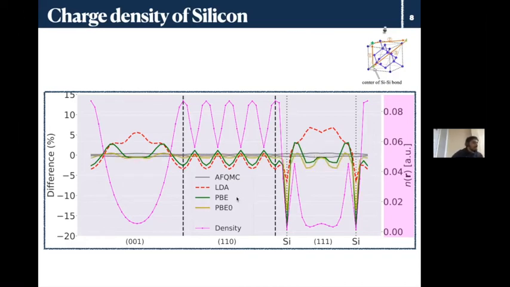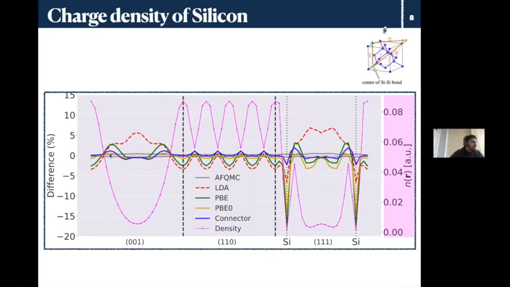By adding PBE0, it's a very accurate description of the target, even on the region with the squiggles. And then we can add the connector, and we have similar performance as the PBE0. And it's even better here in this region, and also in the region of low density and on the atoms.